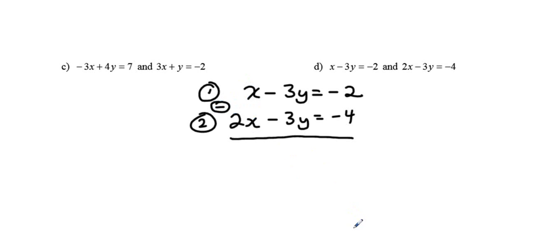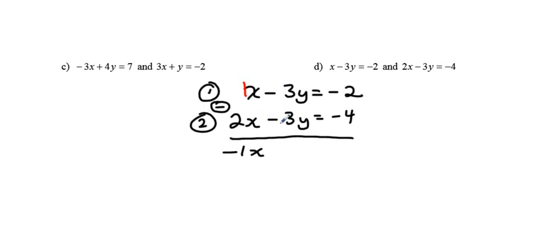So we have that invisible 1 in front of the x. 1 minus 2, well, that gives me -1x. And I'll just write the -1 in for now, but normally we don't. Do we eliminate this when we subtract? -3 minus -3. Well, -3 minus, that becomes a plus.